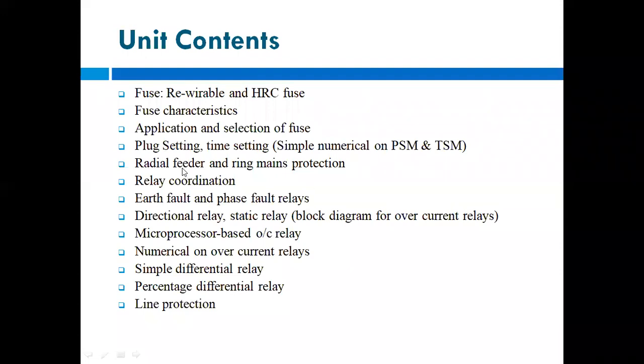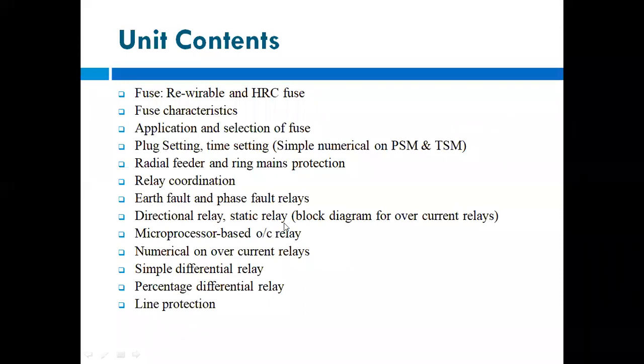Then radial feeder and ring main protection. For protection purposes, there are different systems at the distribution level, that is the radial feeder and the ring main system. So these systems we'll study. Then relay coordination, then earth fault and phase fault relays.